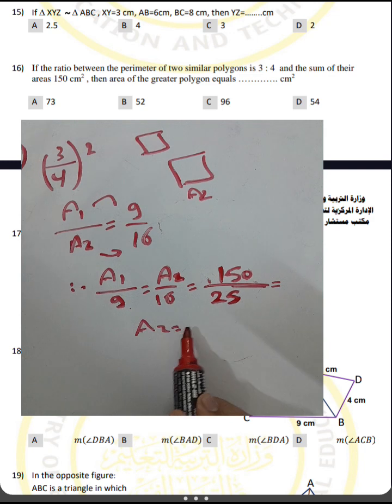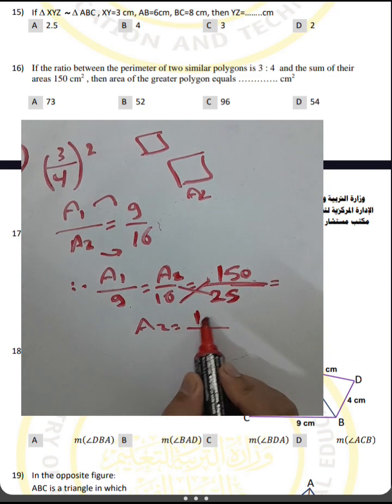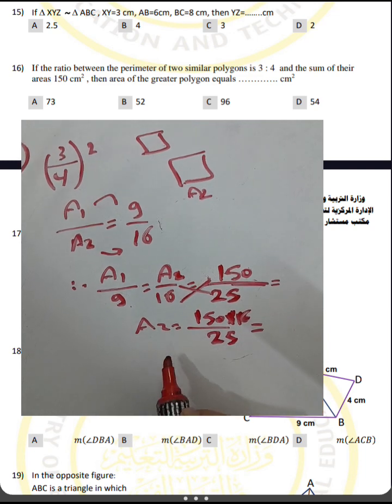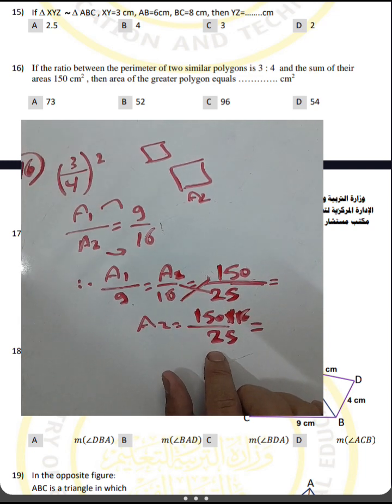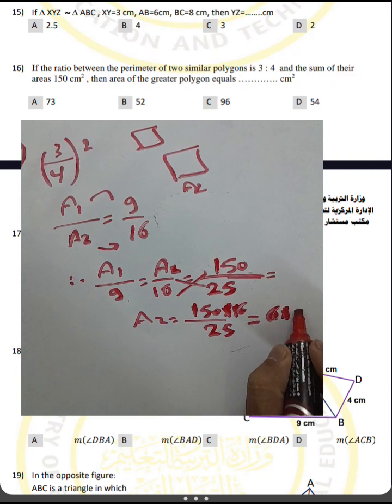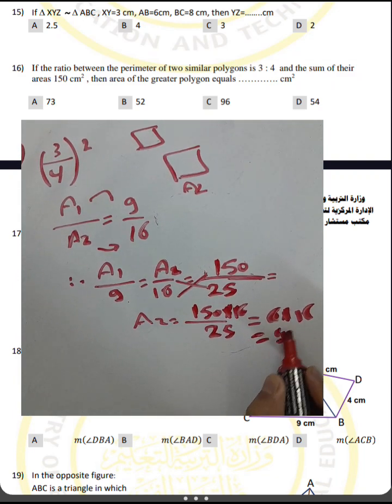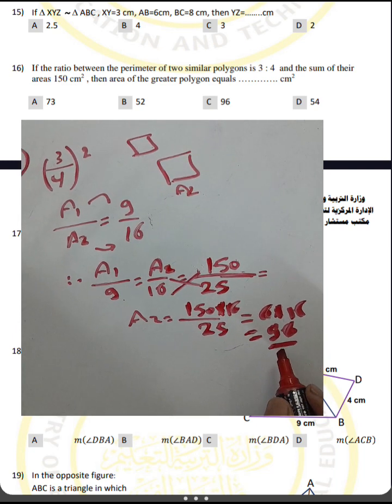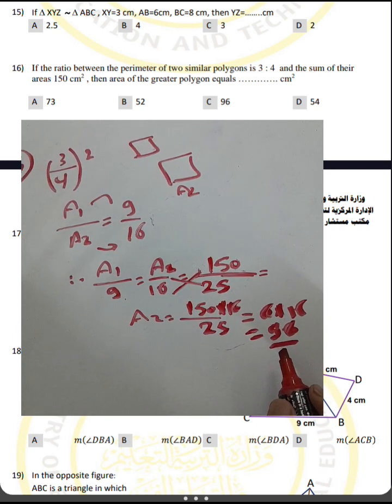Write 150 times 16 over 25. 150 divided by 25 equals 6, and 6 times 16 equals 96. Letter C for question 16, 96 square centimeters.